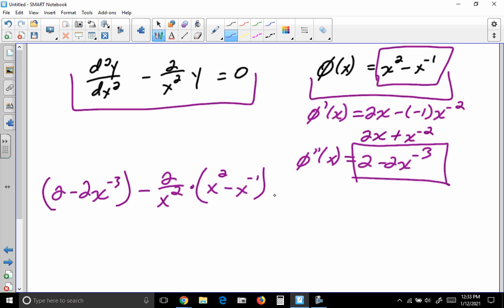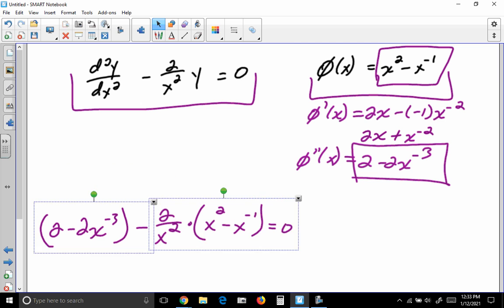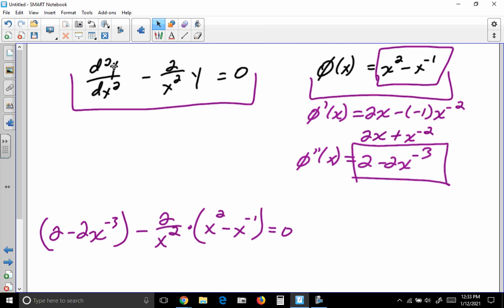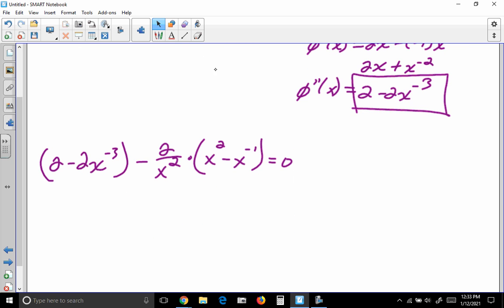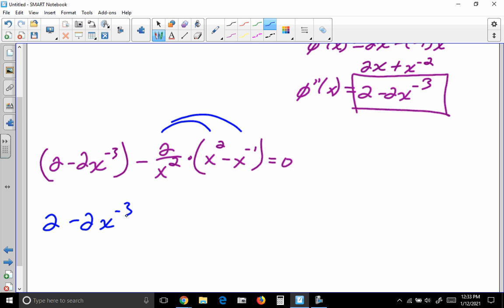And if that's a solution, that should equal 0. So we replaced our second derivative, we replaced y, and let's see what happens. So there's some simplifying we can do. We can distribute here. So we have a 2 minus 2x to the negative 3 out front. If we distribute here, we do this times that x squared and that x squared cancel, leaving us a minus 2.